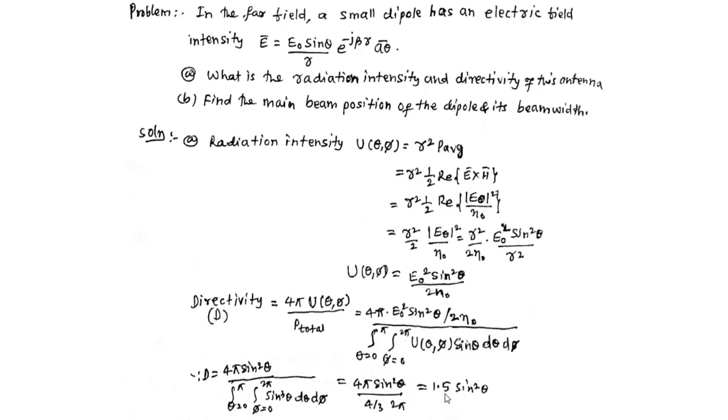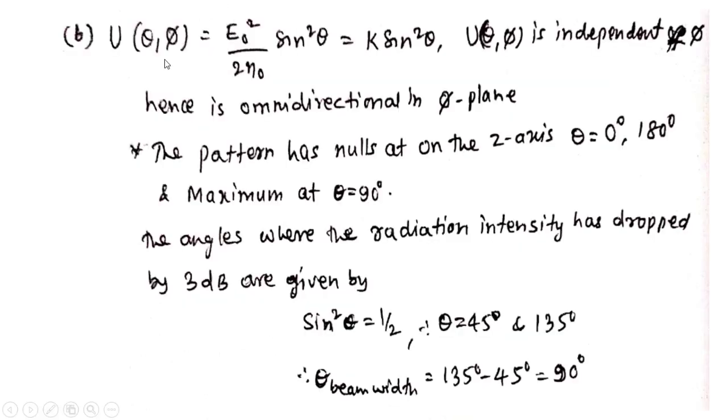It is already derived. And for part B, U theta phi is equal to E naught square by 2 eta naught sin square theta, which is equal to K into sin square theta. Therefore, U theta phi is independent of phi, hence it is omnidirectional in the phi plane. The pattern has nulls on the z axis, at theta equal to 0 degree and 180 degree, and the maximum is at theta equal to 90 degree.